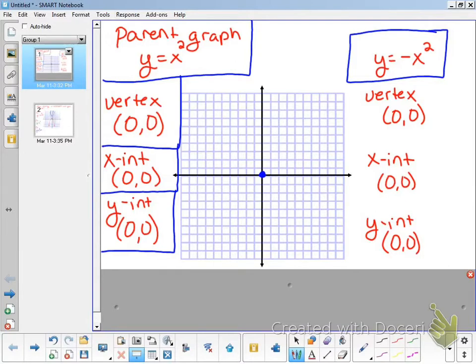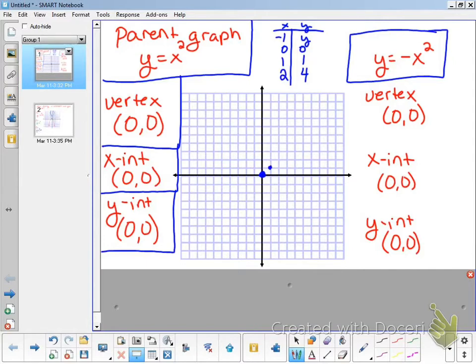So using the t-table, we knew that when x was -1, y is 1, x is 0, y is 0, x is 1, y is 1, x is 2, y is 4, and so on. And the graph ends up looking like this.